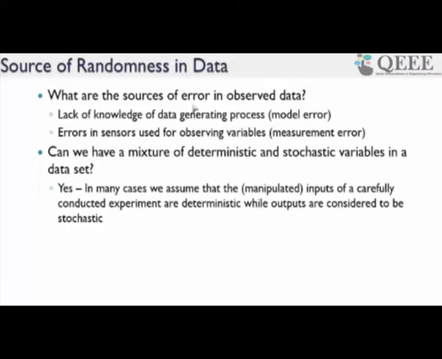One could come out of lack of knowledge of the data generating process. If I have a model and I am predicting something, the model could be erroneous and I cannot exactly get it, so that's called model error. And the other type of error is if you are measuring some variable, you are not able to measure that variable precisely because of errors in your sensors, so that is called measurement error.